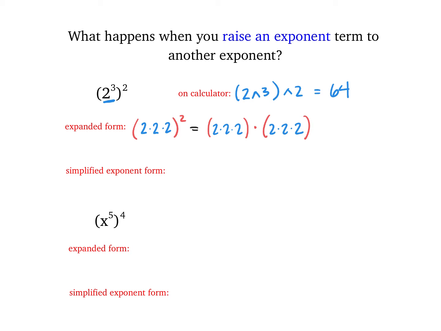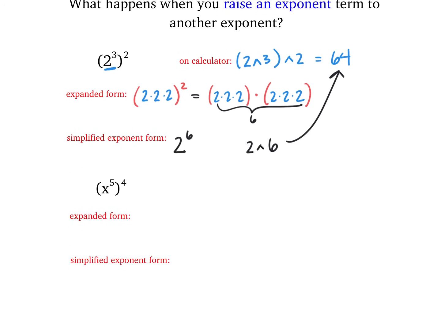If we look at how many total 2's we're multiplying together, that's 6 2's. So the simplified exponent form of this is 2 to the 6th power. If I were to evaluate that on my calculator, 2 and then that caret key 6, I see that I get an answer of 64.